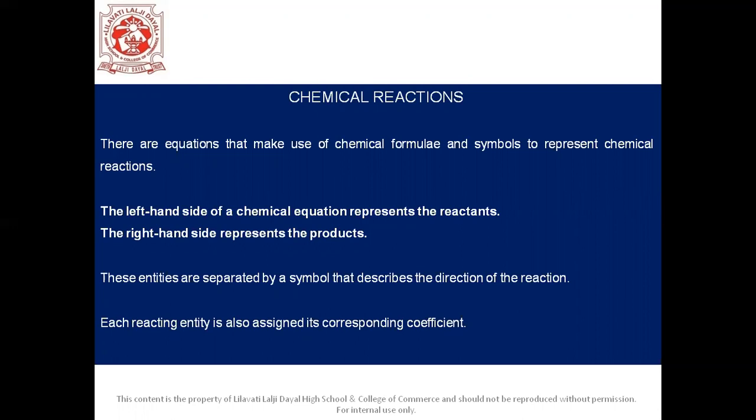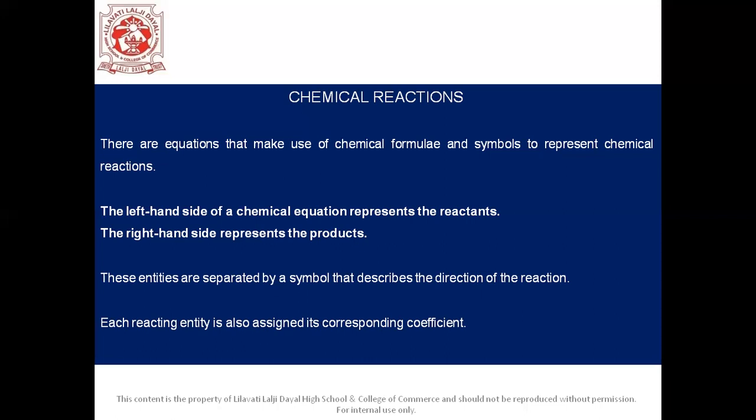So what is a chemical reaction, students? It is basically a process in which some substances undergo bond breaking and are transformed into new substances by formation of new bonds. There are equations that make use of chemical formulae and symbols to represent a chemical reaction.